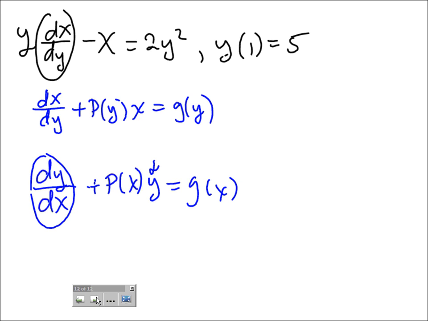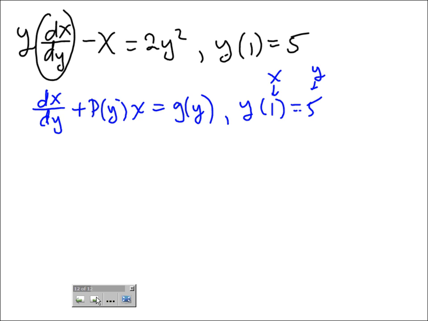So that's the form that I want. And y of 1 is 5. That is, that's x when that's y. Now just remember, x's and y's have been switched.